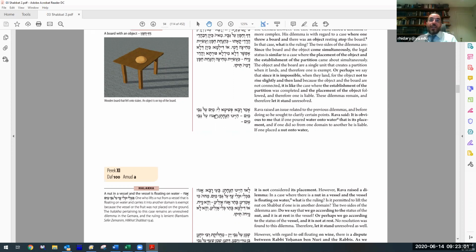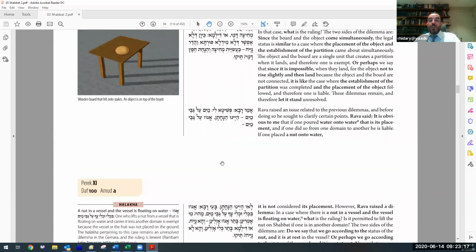Amar Rava, Peshita li, mayim al gabe mayim, hainu hanachatan. Egoz al gabe mayim, lav hainu hanachatan. So let's say I'm in the Shut HaYachid, and there's a body of water outside my home, and if I live in Venice or something, or just a puddle, and I pour water on it, so water on top of water is landing.